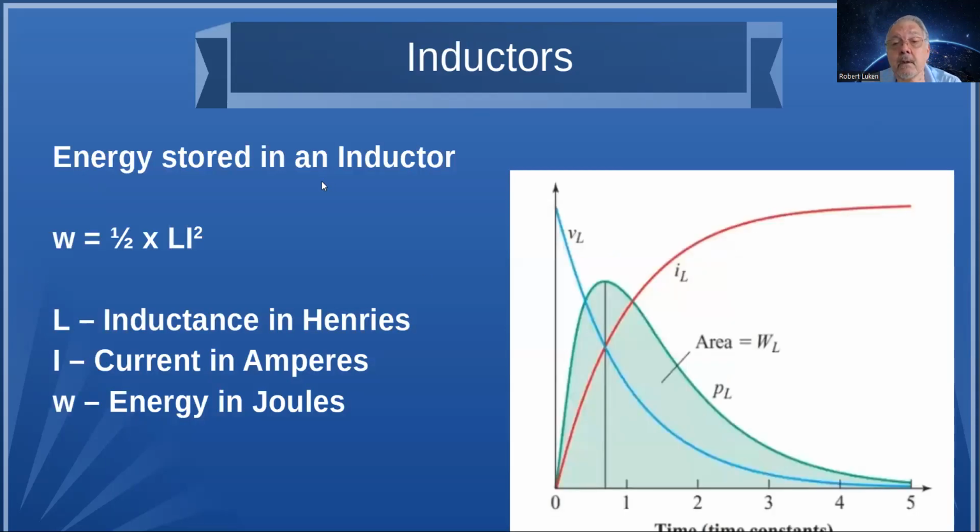This is showing the amount of energy that's actually stored in the inductor, and it's the greenish area under the curve. So when we first apply a voltage to the inductor, unlike the capacitor, which appeared to be 0 ohms initially, the inductor is going to appear to be infinite ohms.